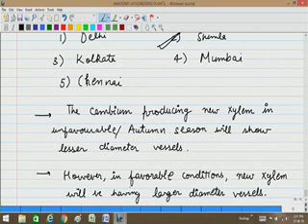So combine them together, smaller diameter plus larger diameter vessels, and together they form an annual ring.